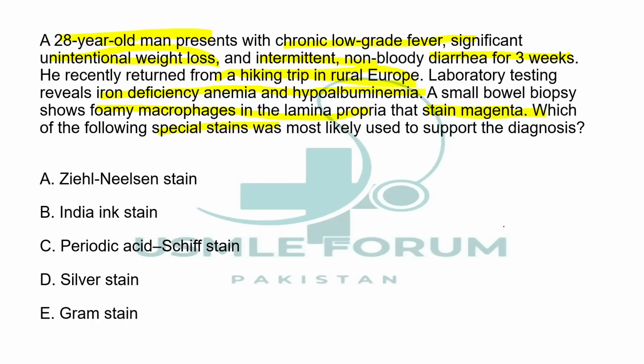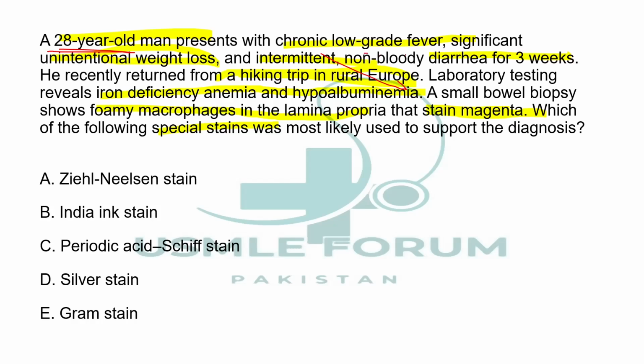Now you need to understand that, first of all, let's break down the clues. It's important to remember the age. Now we're talking about microbiology, so age would not matter that much, but in systemic pathology and in other areas, in pharmacology also, age matters a lot. So you have to concentrate on the age.